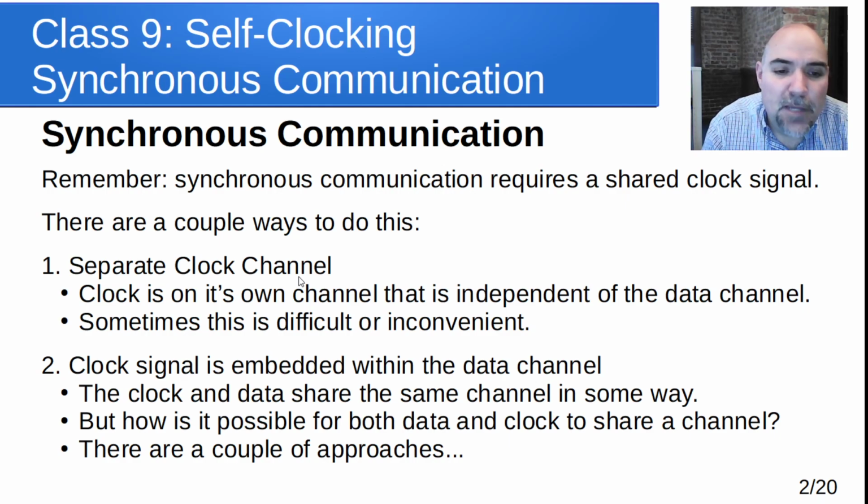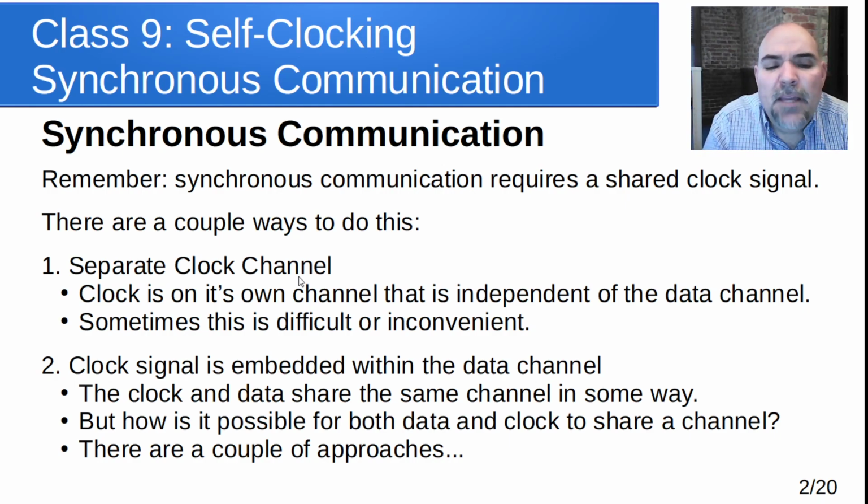But note that sometimes having a separate channel can be either difficult or inconvenient because we now have 2 wires instead of 1. And in the case of something like a fiber optic communication link where you basically just have a light, and there's either light there or there's not light there, or wireless where you have a frequency and you can either put stuff into that frequency or not.